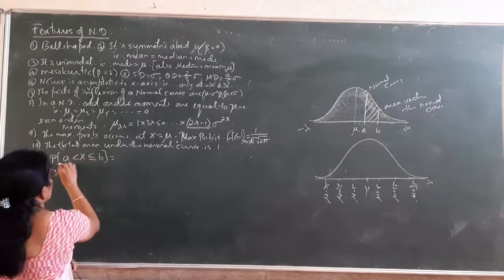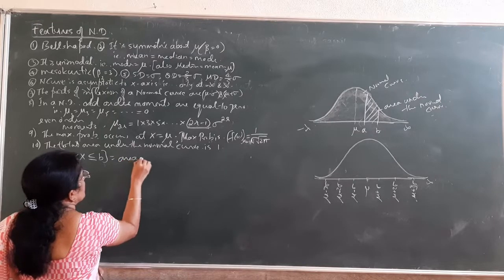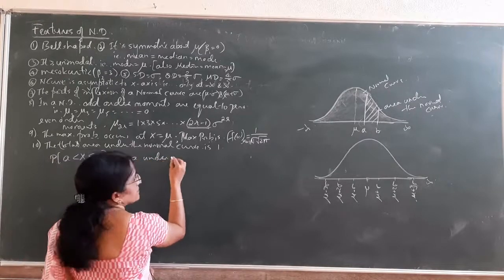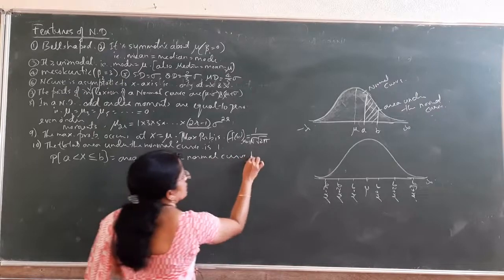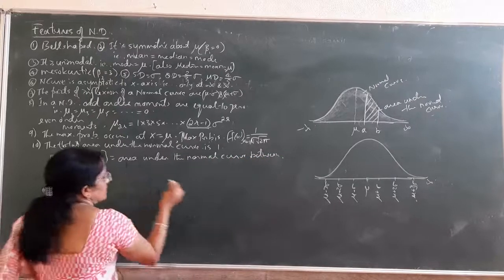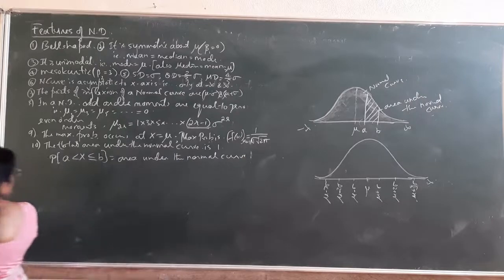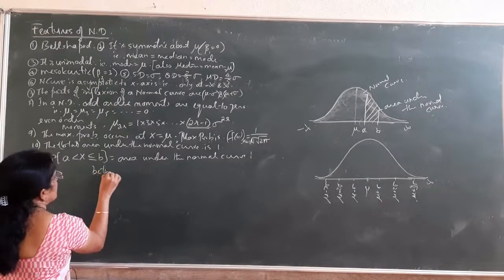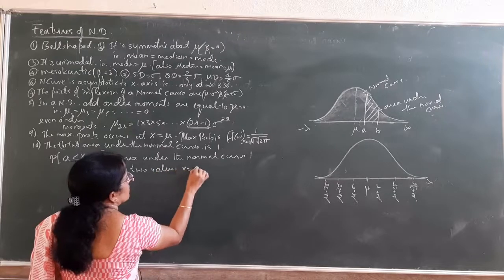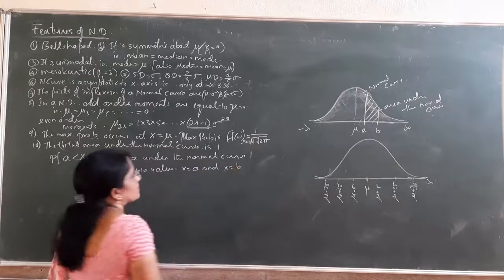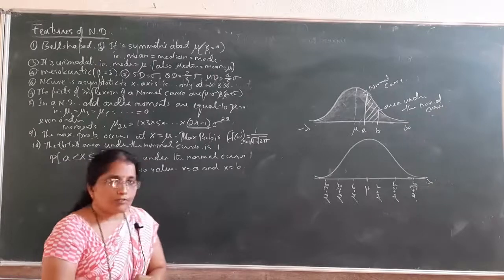So, we can write here: probability of A less than x less than or equal to B is equal to the area under the normal curve between two values or ordinates x equal to A and x equal to B. This is the presentation of probability in terms of area in a normal curve. I think all of you are following this.